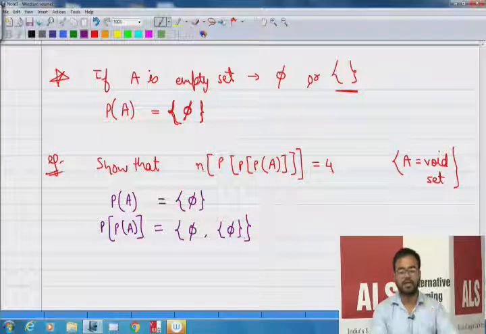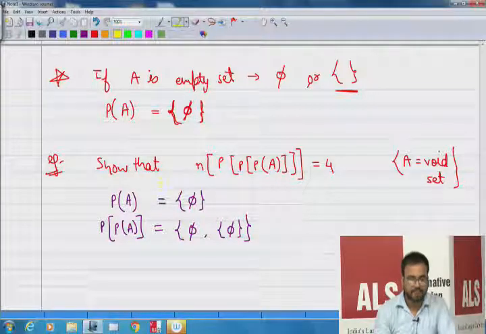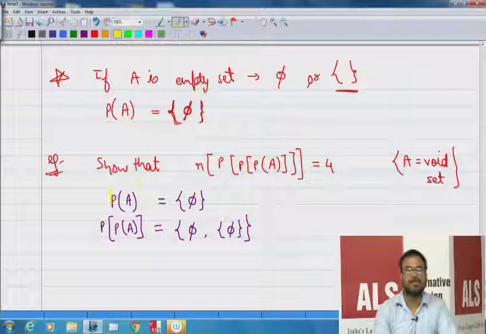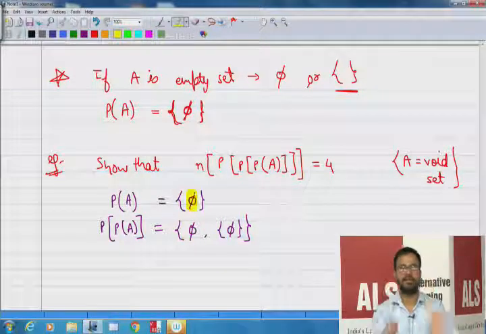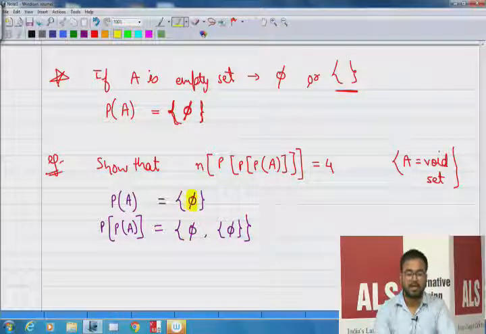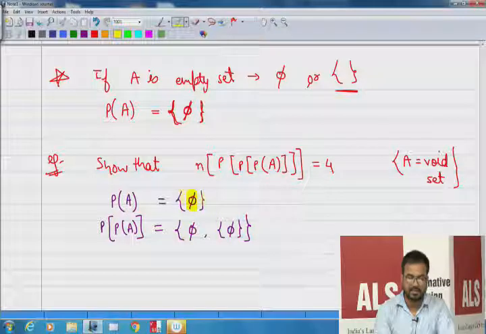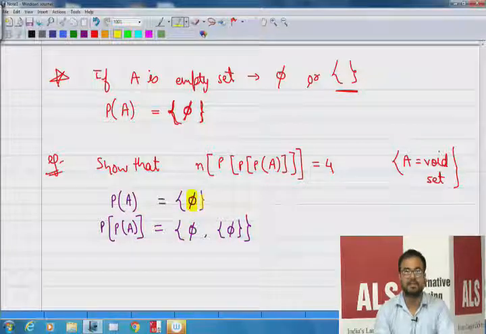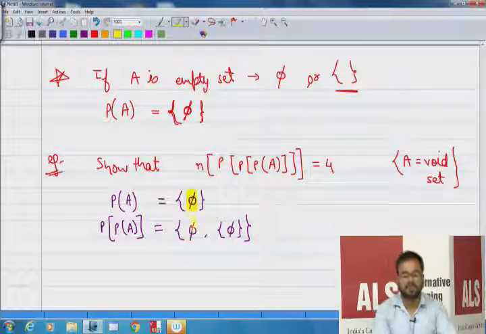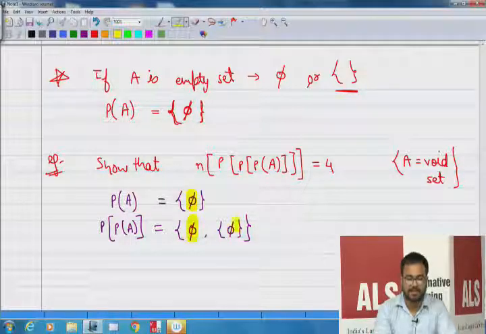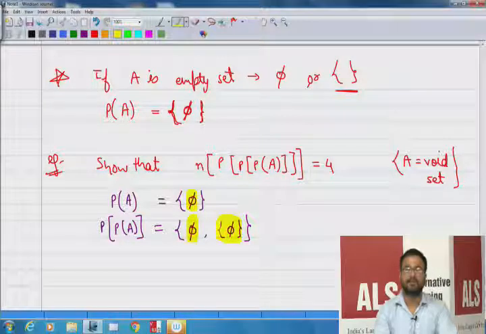So what I have done over here: earlier A was having nothing, so in the power set the only subset was phi, so we have written that subset in curly brackets. Now if you are taking the power set of this complete set which we got in the first step, it means we are writing all the subsets of this one. So the first subset will be phi, and this itself, I have written this complete thing over here, right?